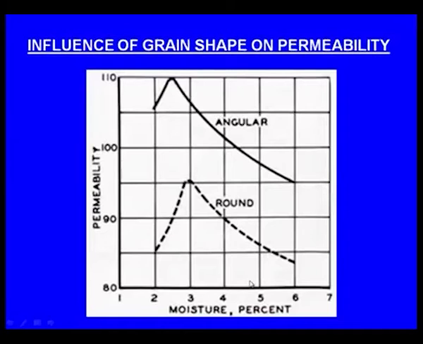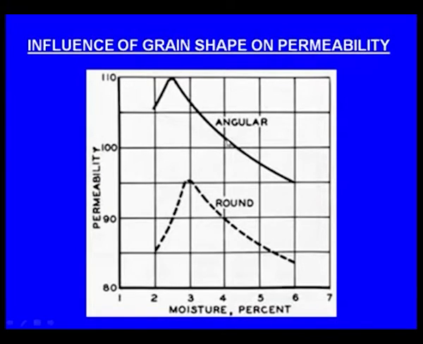Now let us consider the round grains. Yesterday we have seen that the moisture content varies from 2% to 5%. When it starts from 2%, as we keep increasing up to 3%, permeability is increasing. But once it is past 3%, as we keep increasing the moisture content, permeability is coming down. This means the permeability will be maximum at about 3% moisture.